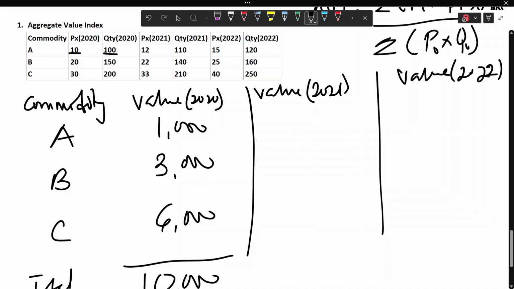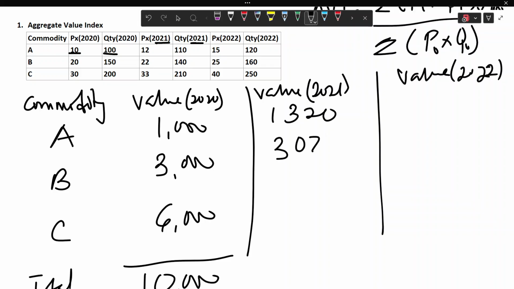Okay, now let's move to 2021, the price and the quantity for 2021. So for 2021, the first one, commodity A, has a price of 12 and a quantity of 110, giving us 1320. 22 times 140, 3080. 33 times 210, 6930.